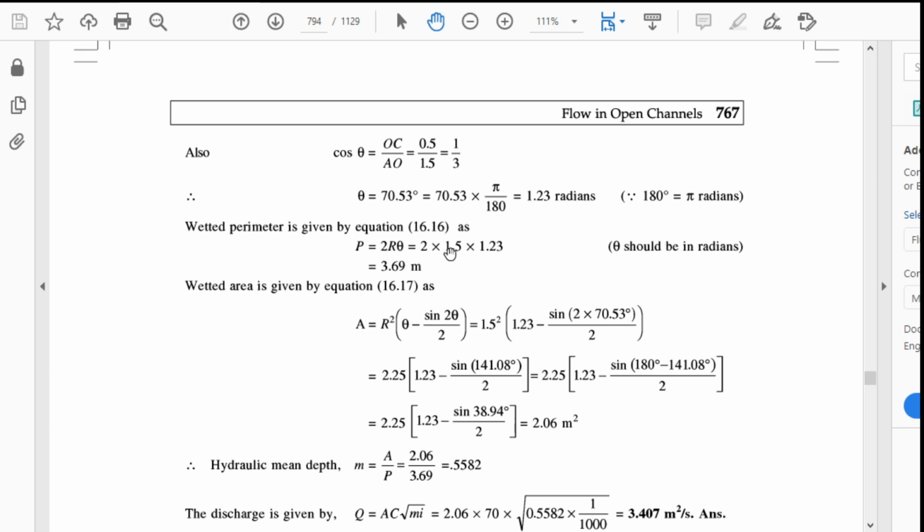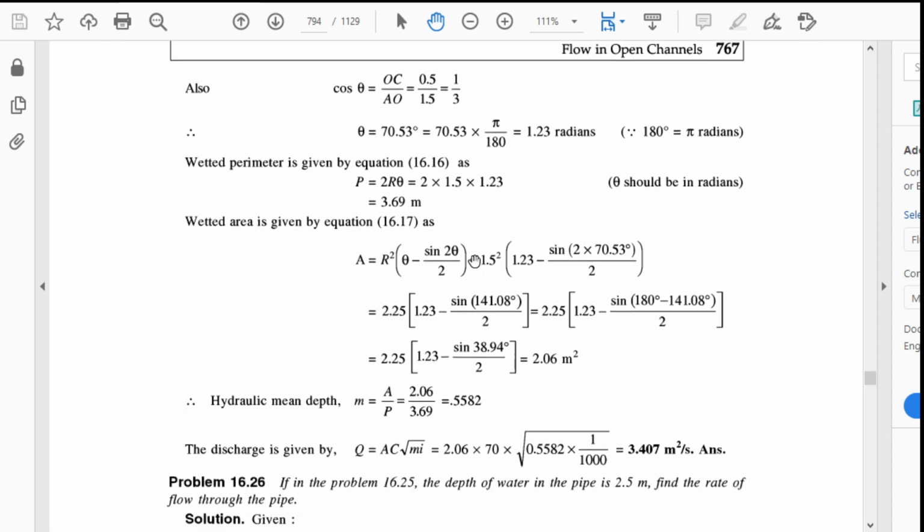The value of r they have given is 1.5 and theta in radians is 1.23. So the weighted perimeter will be 3.69 meters. Now the weighted area. The formula for weighted area we have also calculated as r square in bracket theta minus sine of 2 theta, divided by 2.